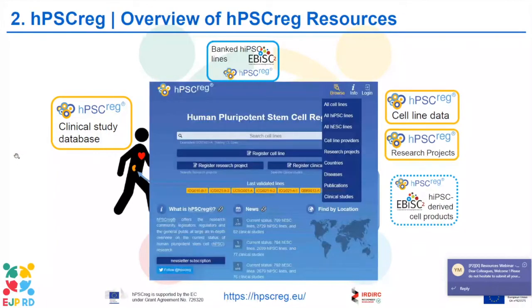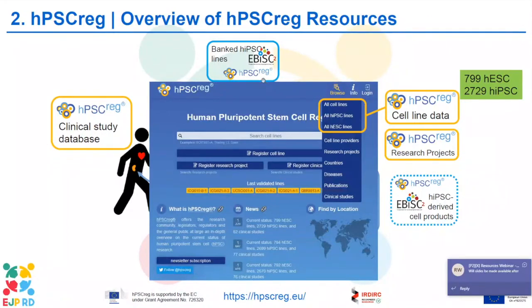The Human Pluripotent Stem Cell Registry hosts a number of resources online, including a database for pluripotent stem cell data, research projects using registered lines, and clinical studies that use stem cell derived cell types for therapy. We also host the stem cell data for the European Bank of Induced Pluripotent Stem Cells.